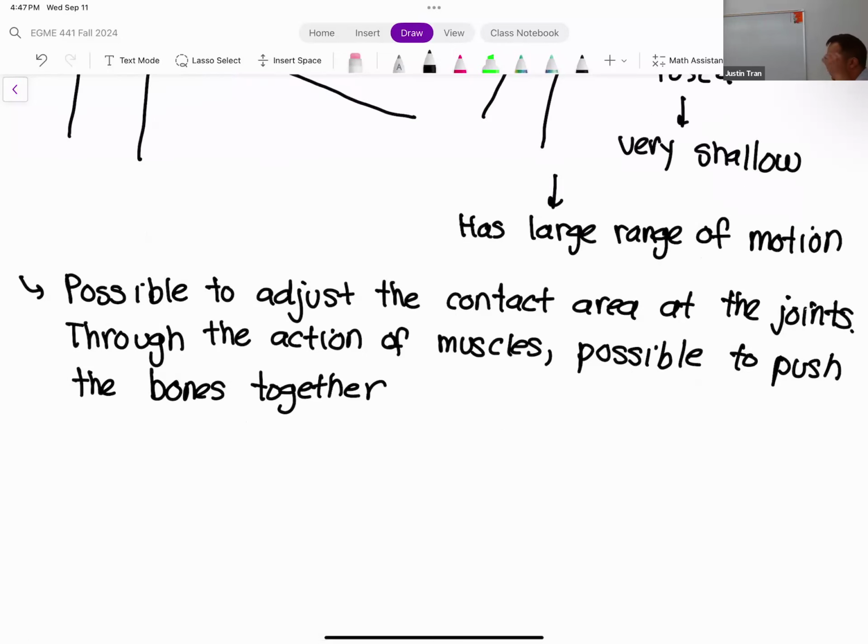In fact, we have terms that characterize this. If you use your muscle to push the bones together, what you're effectively doing is increasing the surface area. We call that a closed packed position.